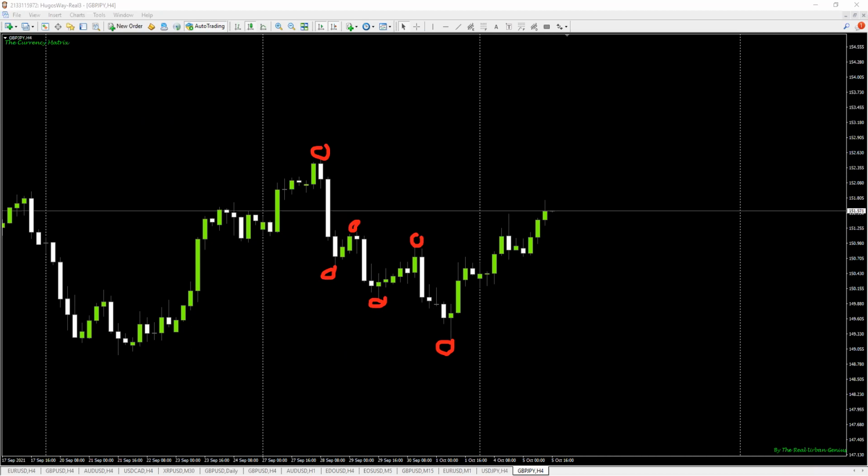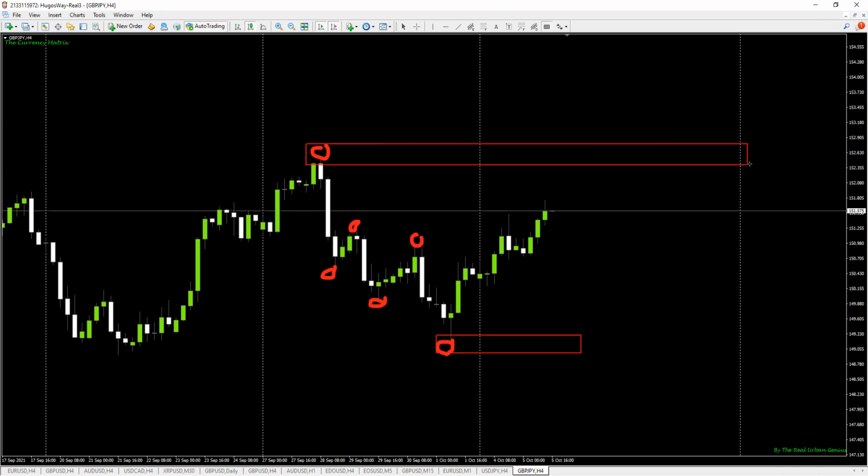Now, using these points to our advantage, we can clearly see that with these lower highs and lower lows, this was a downward swing until we got right here. And now this formed the ultimate low. Going back to the concept I was saying, zeros are going to be your strongest support and resistance areas.